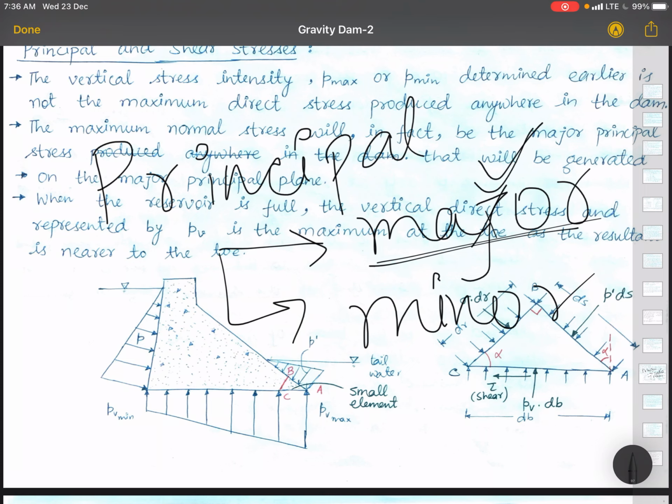So it is the highest possible stress due to the external loading on the structure. Minor means that anywhere in the structure the stress cannot be less than the minor principal stress. That's why the name principal is there.